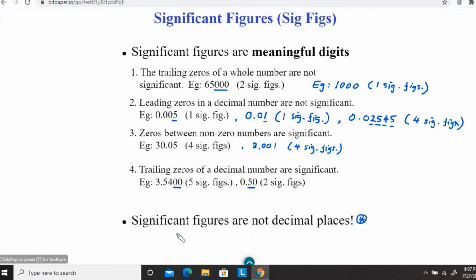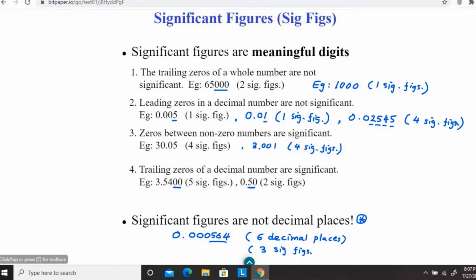For example, if you think about this number, this is a decimal number. Now there are 6 decimal places. So remember, there are 6 decimal places for this number. But there are only 3 sig figs for this number. In terms of sig figs, there are 3 sig figs.